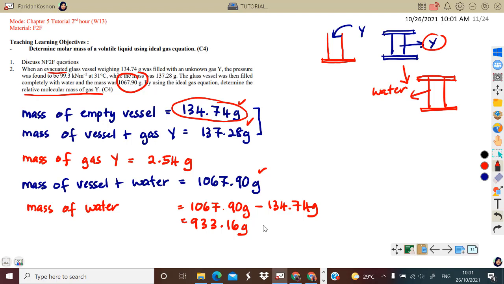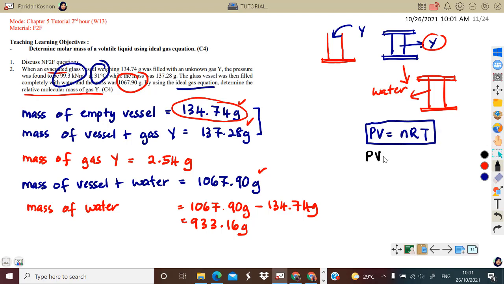So kalau kita tengok pada soalan, kita ada pressure, kita ada temperature. Dan macam mana kita nak kaitkan, maksudnya sekarang ni by using the ideal gas equation, soalan dah mention, kita nak cari relative molecular mass of gas Y. Jadi from ideal gas equation, PV equals to nRT ni actually kita boleh relate dengan molar mass terlebih dahulu. Kalau you ingat balik, kita boleh derive je.